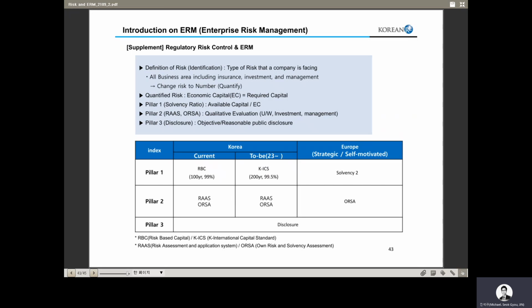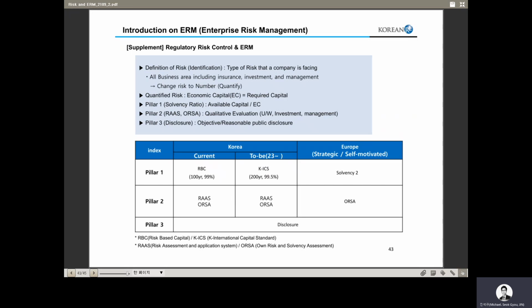RAS means risk assessment and application system, and OSA means own risk and solvency assessment. This is more like a qualitative and quantitative evaluation by underwriting, investment, and management, monitoring how the company is controlling their solvency ratio and risk limits and control.